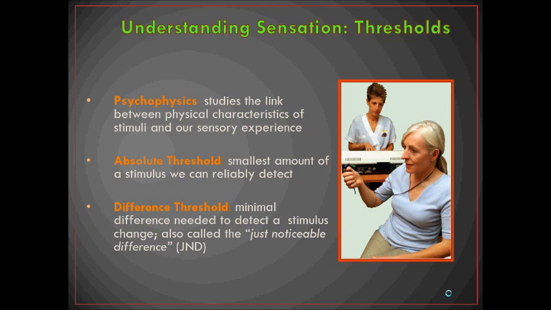They turn it up again and say, raise your hand as soon as you can just barely detect it. Their hand goes up as soon as they hear it. They may test that out a few times and try to find out where that level is. That's the absolute threshold. Where can I reliably place a sound on a particular frequency, just as one sensory example? Where can I put a sound so that a person can just barely detect it every time I present it in that way?